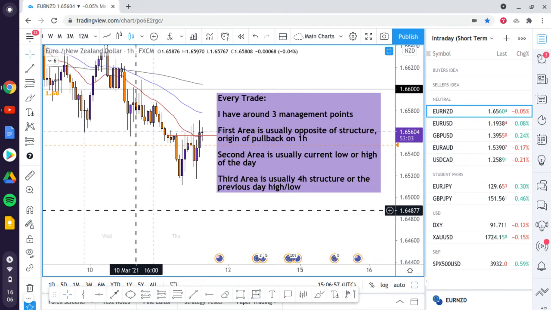You're not having to think, right, well, for this trade, I'm going to do this, or this trade, I'm going to do that. It's like, no, I'm just going to stick with this. It works consistently over time as long as you're taking the right kind of trades. And that to me is the main thing.